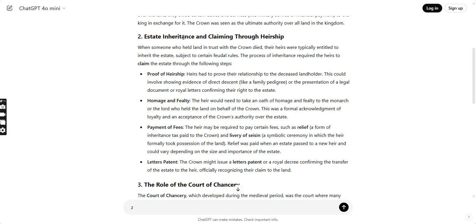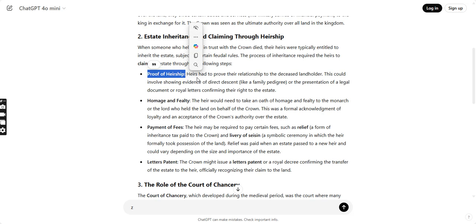2. Estate inheritance and claiming through heirship. When someone who held land in trust with the crown died, their heirs were typically entitled to inherit the estate, subject to certain feudal rules. The process of inheritance required the heirs to claim the estate through the following steps.